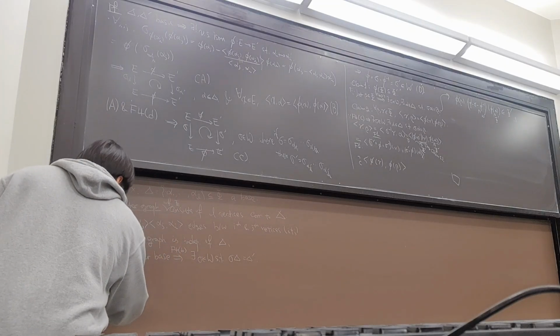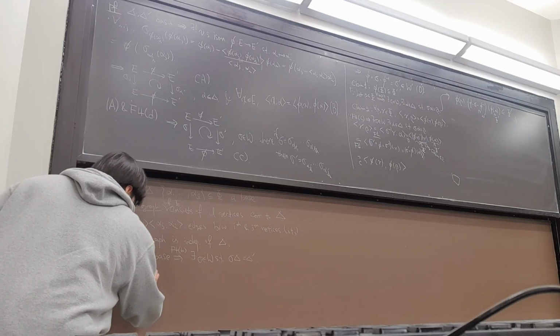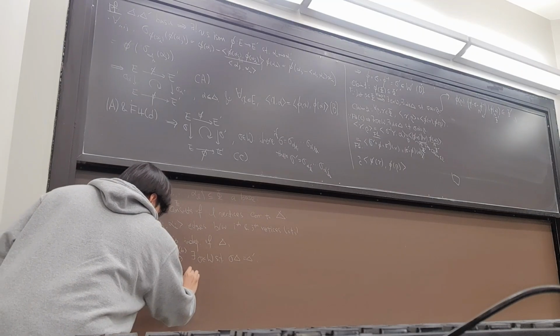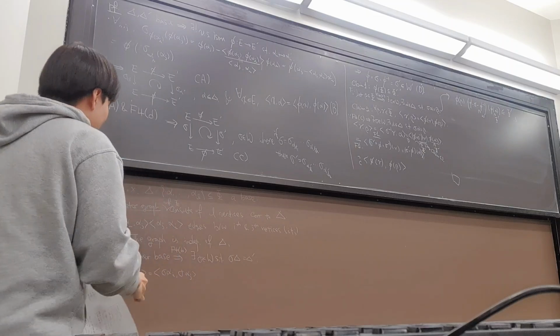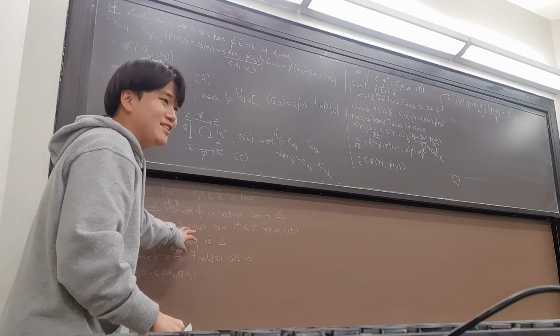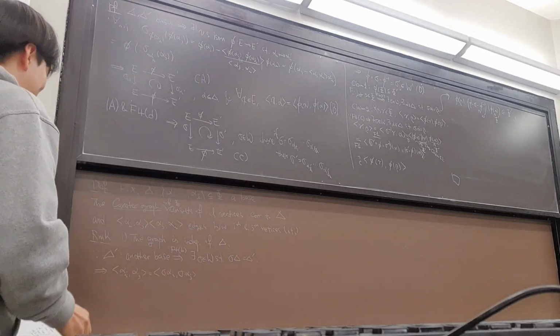So it gives us alpha i, alpha j is equal to sigma alpha i, sigma alpha j. So they have the same Cartan matrix, Cartan integers, so they have the same edges. So that is why they have the same cosector graph.